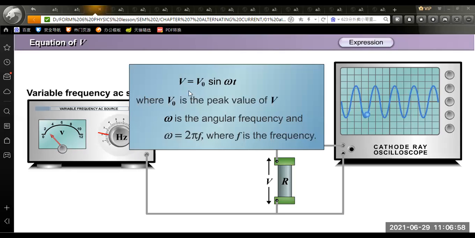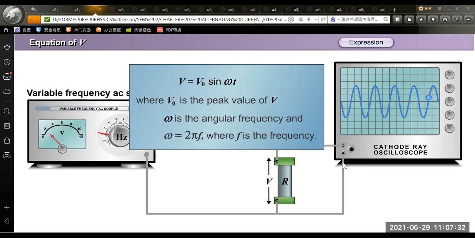The expression is V equals V naught sin omega t, where V is the voltage at any instant, and V naught is the peak voltage, that means the maximum voltage, and omega is the angular frequency, where omega equals 2 pi f.